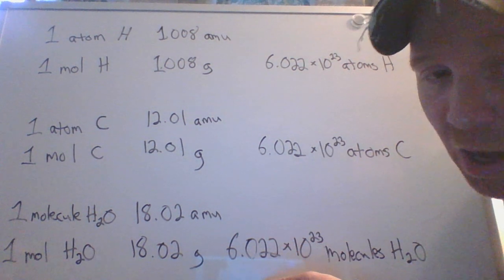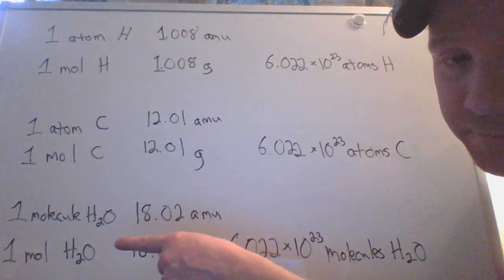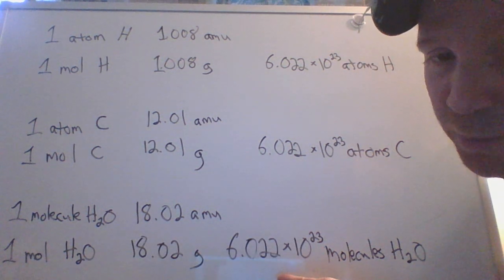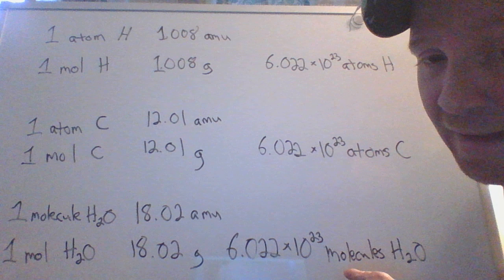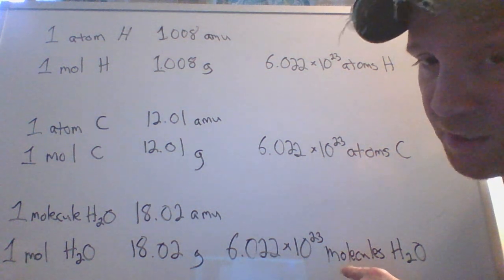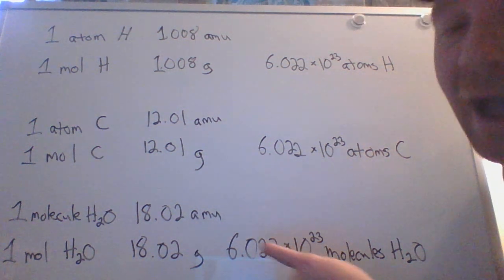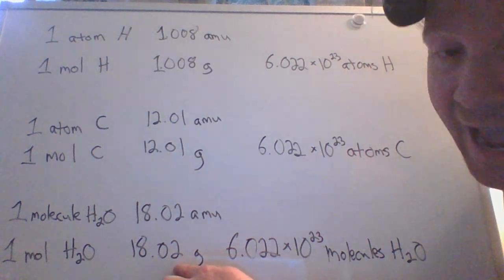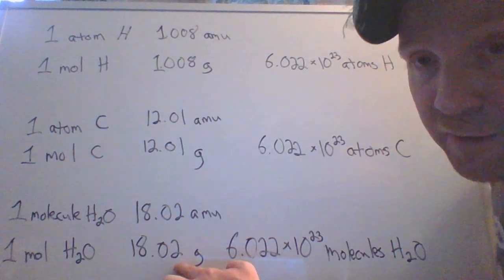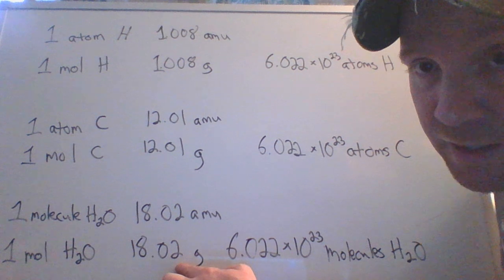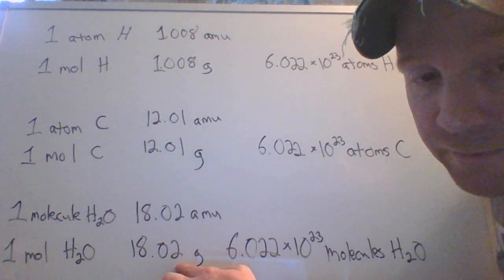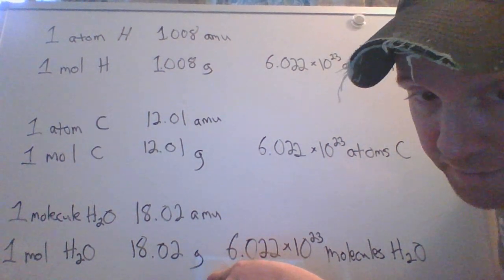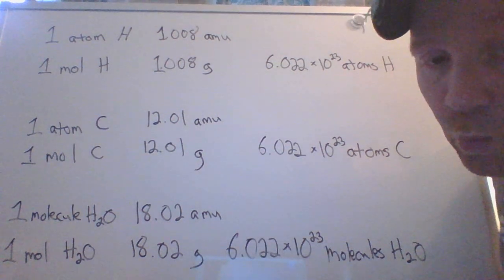But because it's a compound, water is a compound, I have not 6.022 times 10 to the 23rd atoms, but molecules of H2O. However, it would still, if I added up the masses of two hydrogens and one oxygen from the periodic table, and I put it in grams, that's what 1 mole of water would weigh.